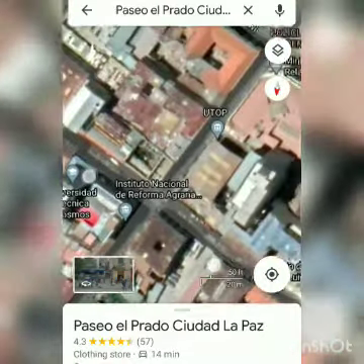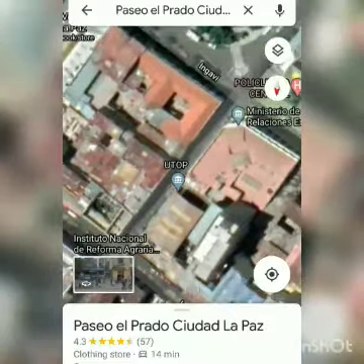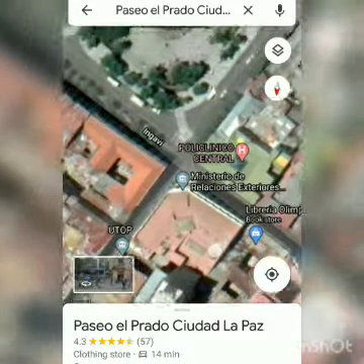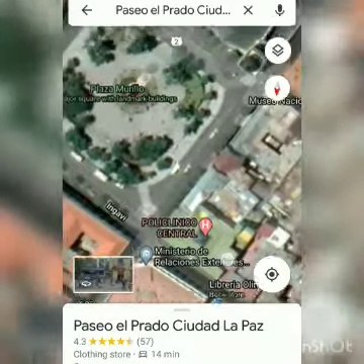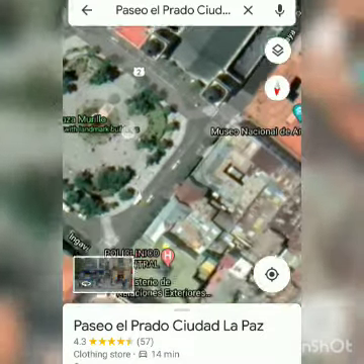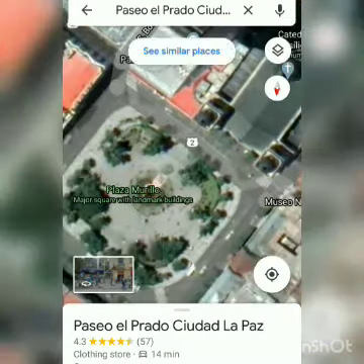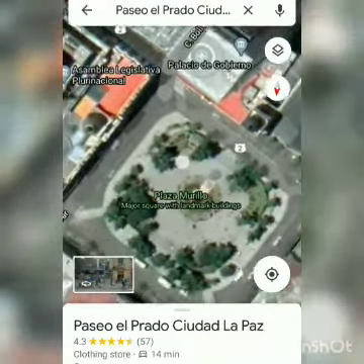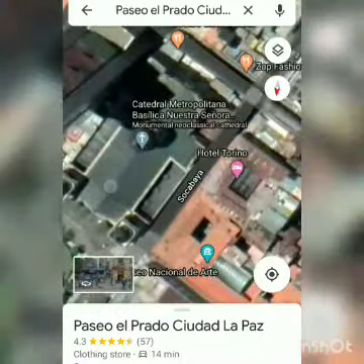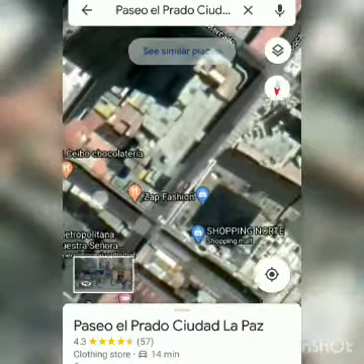Then we have a police office here. Then we have to walk straight ahead. We have Plaza Murillo or Murillo Square. Then we have very famous touristic places like the church, the government palace, right? Then we have to walk straight ahead, Socabaya Street.